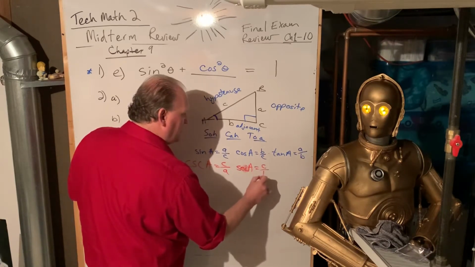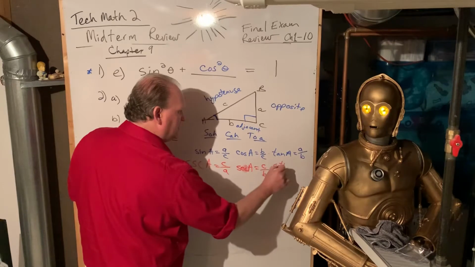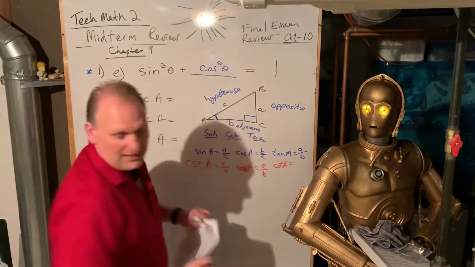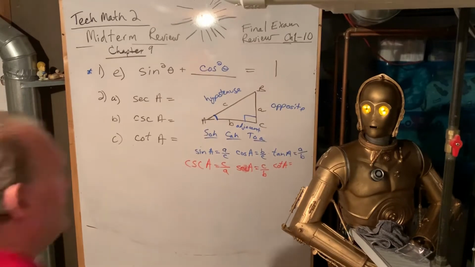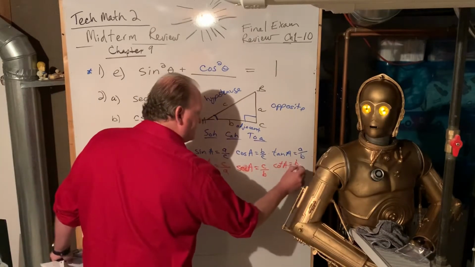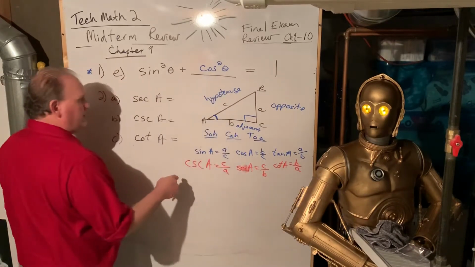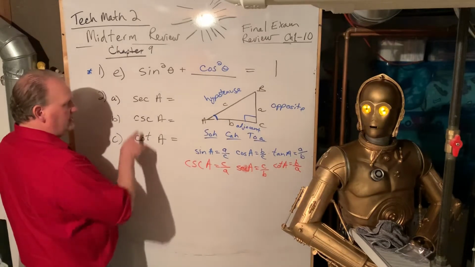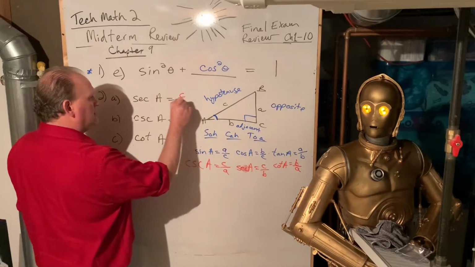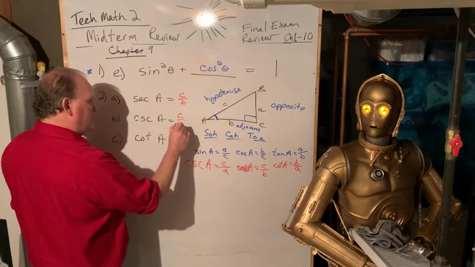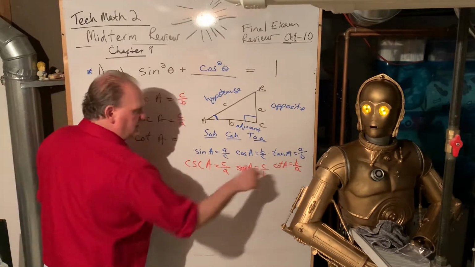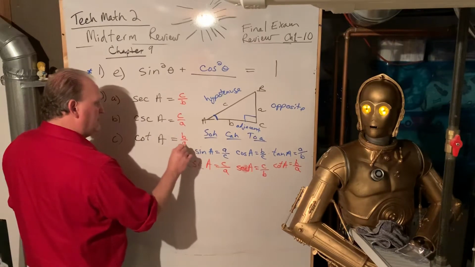So that's C over B. And then cotangent, I don't know if you can see it behind C3PO's arm. Okay, you can still see it. B over A. And then you just put those down. So secant was C over B, cosecant was C over A, and cotangent was B over A. And done.